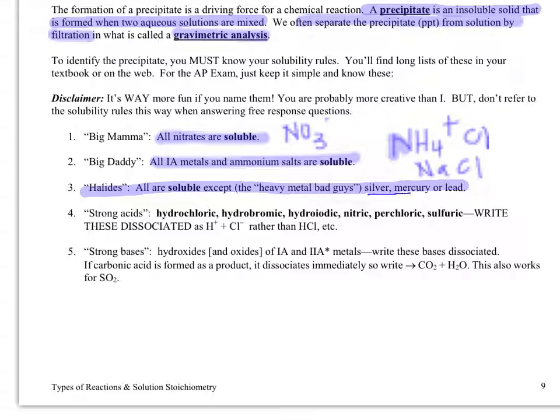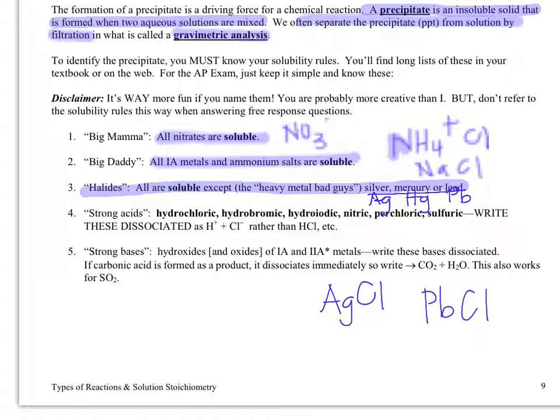So if I have silver, Ag, mercury, Hg, or lead, Pb, combined with your halides, like on your quiz last week, silver combined with the halide chlorine, it's insoluble. It does not dissolve. It forms a precipitate in solution. If I have lead chloride, also insoluble, doesn't dissolve. So again, those halides are those group 7 nonmetals.